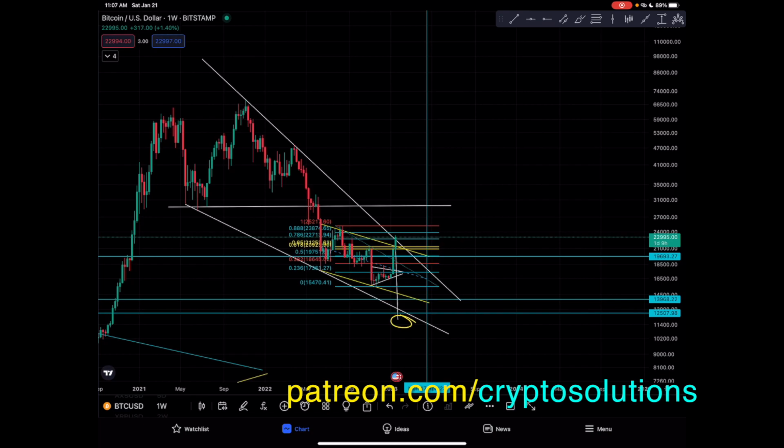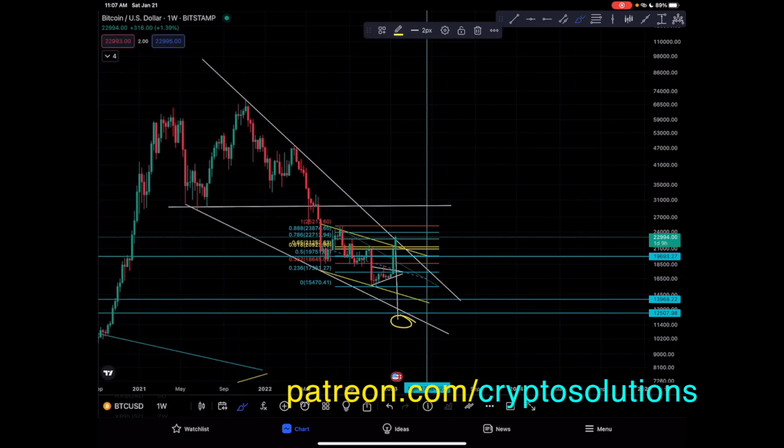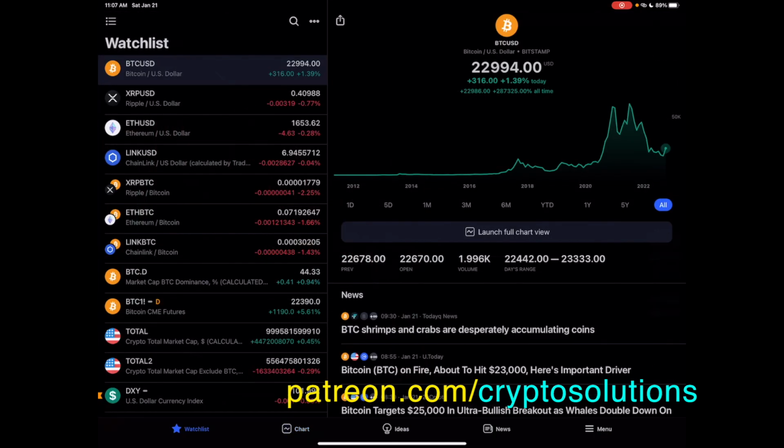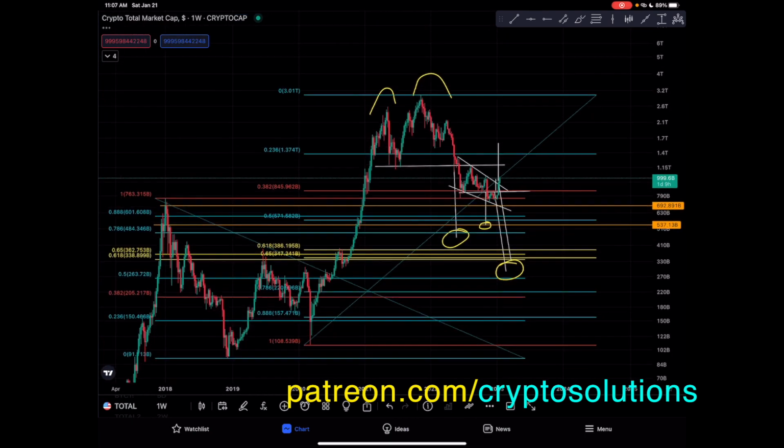But there's also one more thing, guys. The reason why I'm finding it hard for this scenario to be a bottom, one of the very strong reasons, is because of this total cryptocurrency market cap. I'm finding it very strong to not lean into the upside because of this.